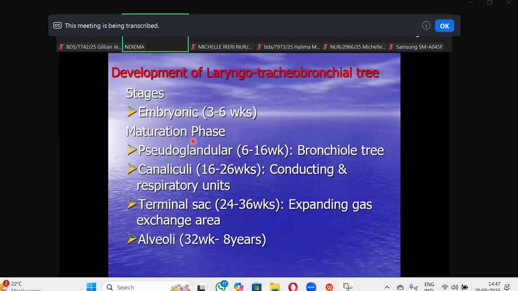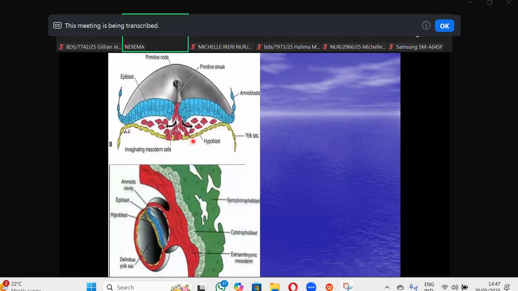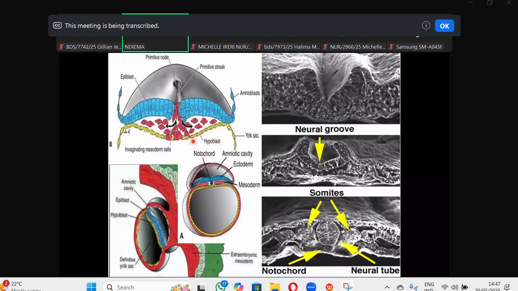And if you remember your embryology, usually the embryo is divided into the trilaminar embryo, where we have the ectoderm, the endoderm, and the mesoderm comprising the paraxial mesoderm, intermediate mesoderm, and the lateral plate mesoderm.